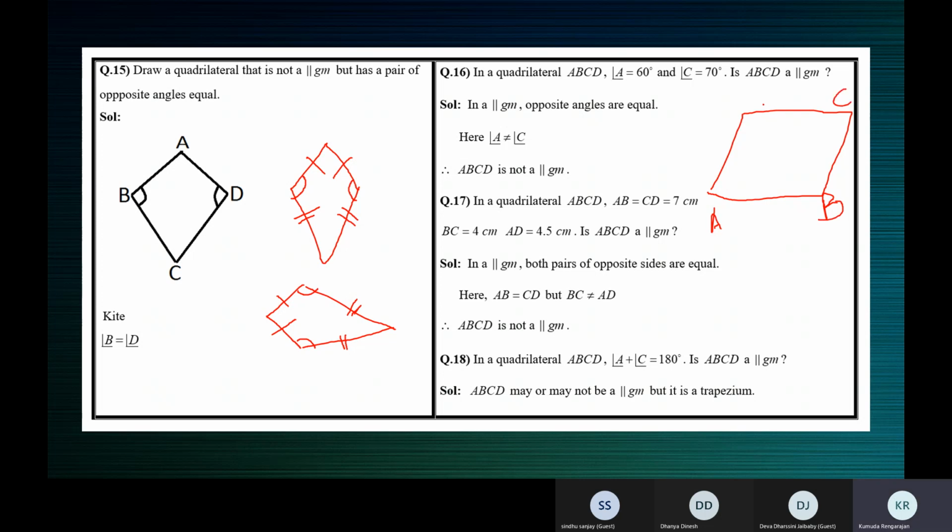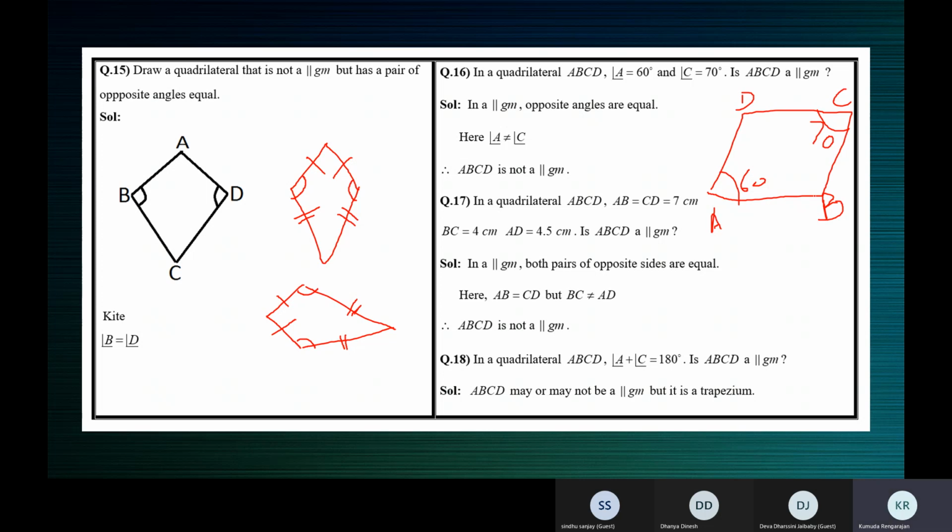If A is 60 and C is 70, how can you call it a parallelogram? If it's a parallelogram, then opposite angles must be equal.